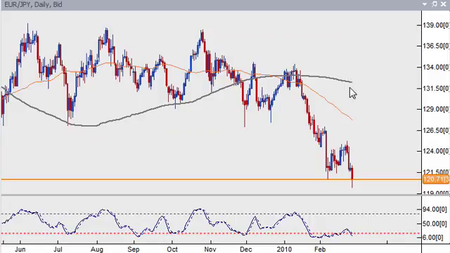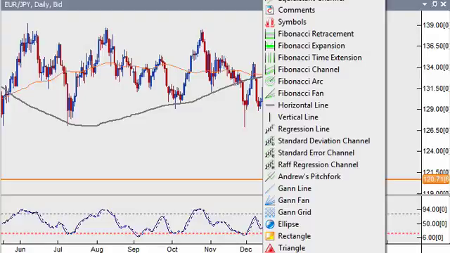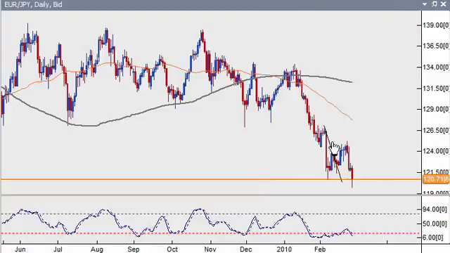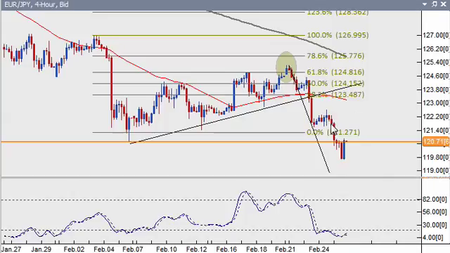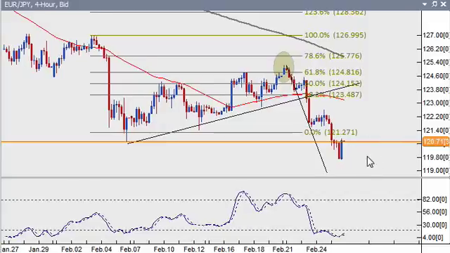Here's a look at the euro yen pair, as we had anticipated another swing down to the 119 area. The market is supported at the moment at 119.50. Stochastic here shows bearish continuation. Looking at the 4-hour time frame, we see this pause and a reversal price action, but we may still have continuation in the bearish direction.